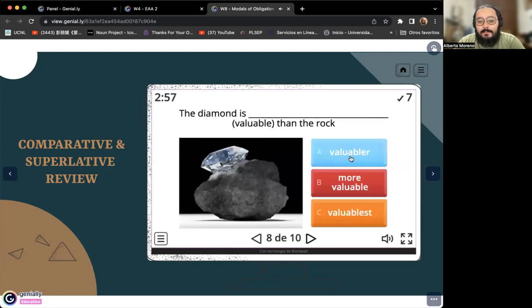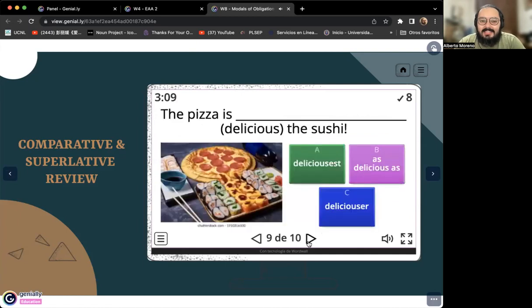Valuable: more valuable or valuablest? More valuable. Very good. Next. The pizza is the sushi. Be as delicious as or delicious.